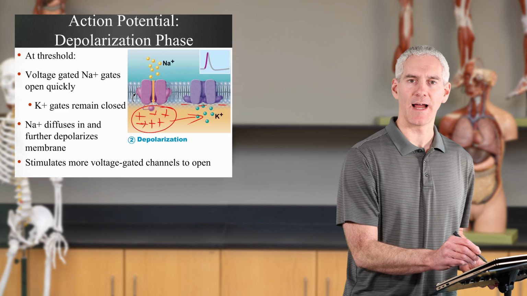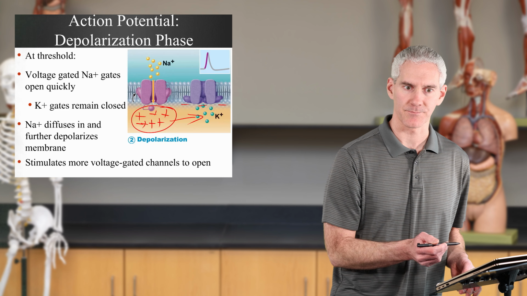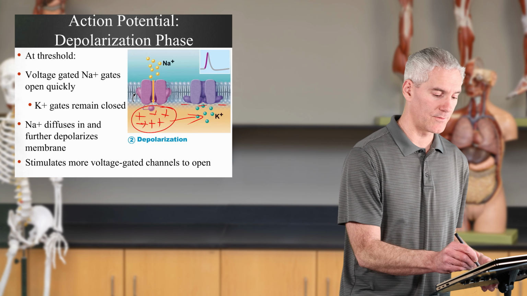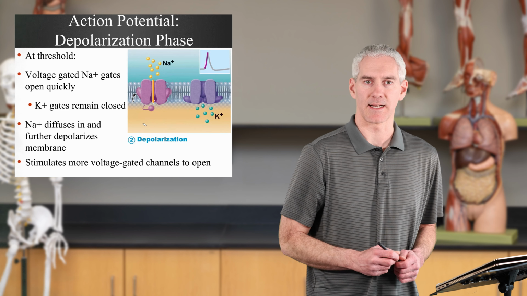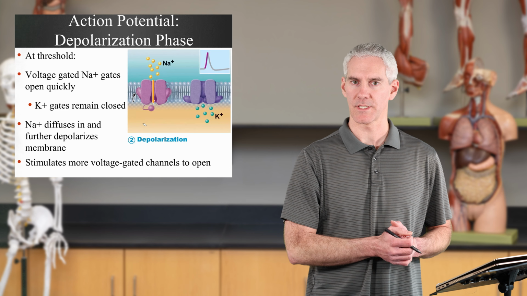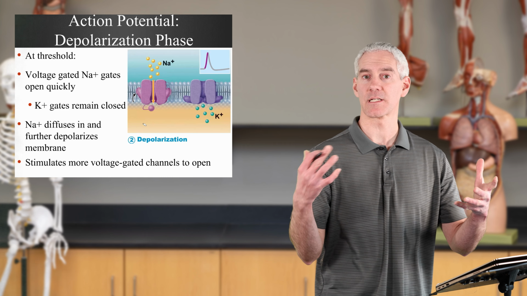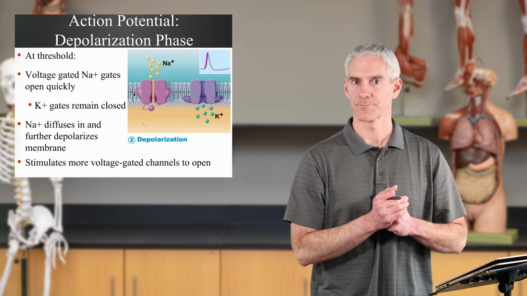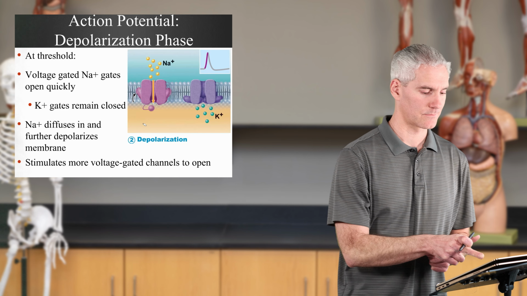As the positive ions move down, they're moving down their electrochemical gradient: high concentration moving down to low, and positive moving down to negative. That's how you're going to stimulate more of these voltage regulated channels to open. Every time you depolarize enough, the channel opens up, more rushes in, and it heads on down the electrochemical gradients.